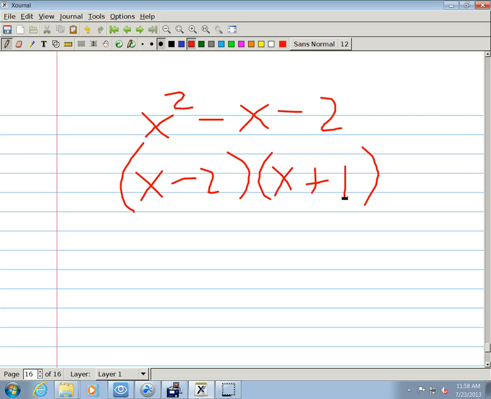Oh wait, you can't factor that, can you? Because negative 2 times 1 is not negative 1. This is a quadratic formula one. If it said 2 here, I'd be in business. No wait, I'm sorry, take that back. Negative 2 times 1 is negative 2, and negative 2 plus 1 is negative 1. That's right. So if I'm solving this, it's easy, because it's just doing FOIL backwards.